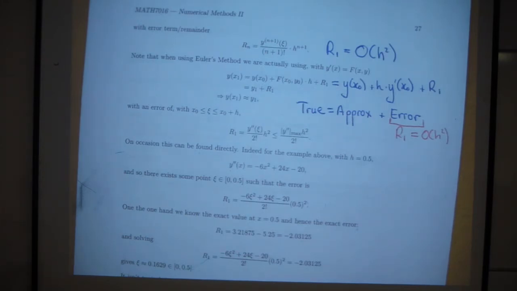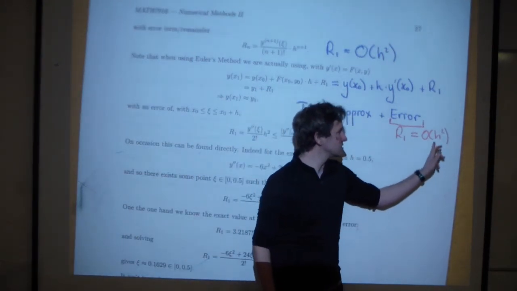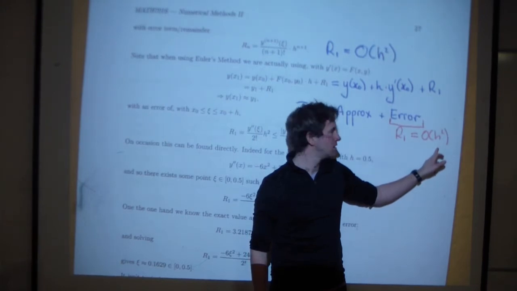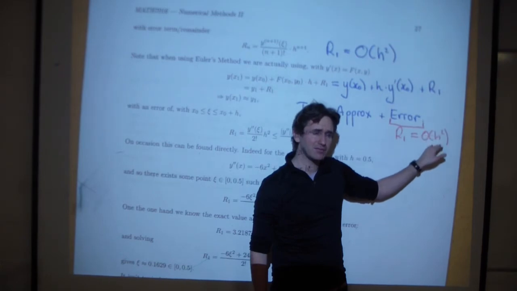This is just for one step, the very first step, and the error is h squared. Ask yourself, slow down, what happens if you halve the step size? Because the error is order h squared, halving it will quarter the error.